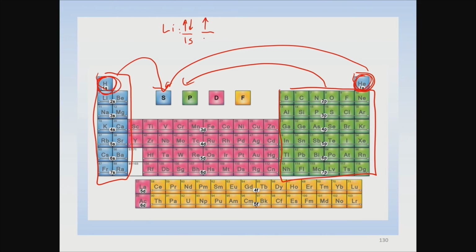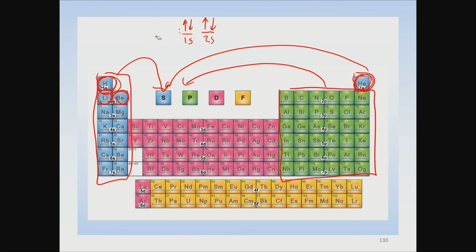You might remember the next orbital that's filled is an s sublevel, but it happens to be in the second energy level. Beryllium is also going to be in the s sublevel block because its last electron goes into an s sublevel in the second energy level.